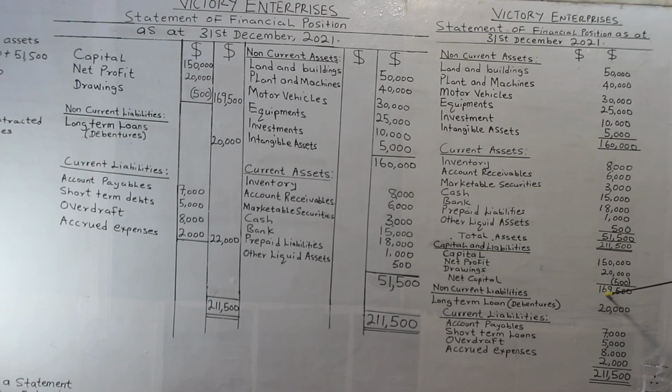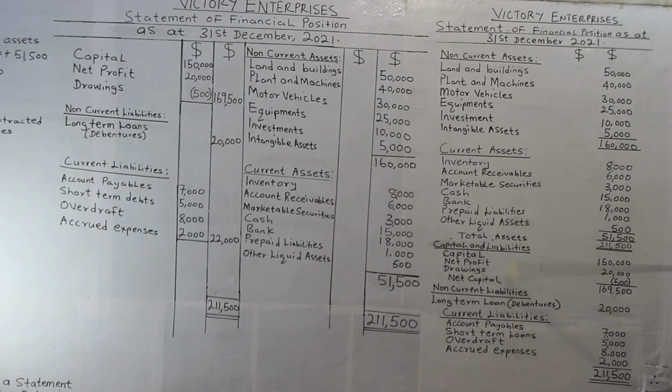Through the capital of the owner of the business, through long-term loan that the owner of the business employed to finance the business, and also current liabilities items. Like accounts payable signifies those things they bought from suppliers on credit. Of course, what it shows is that some of this money has not been paid. They could be under cash or bank, or they could have been used to finance the purchase of some of this investment.